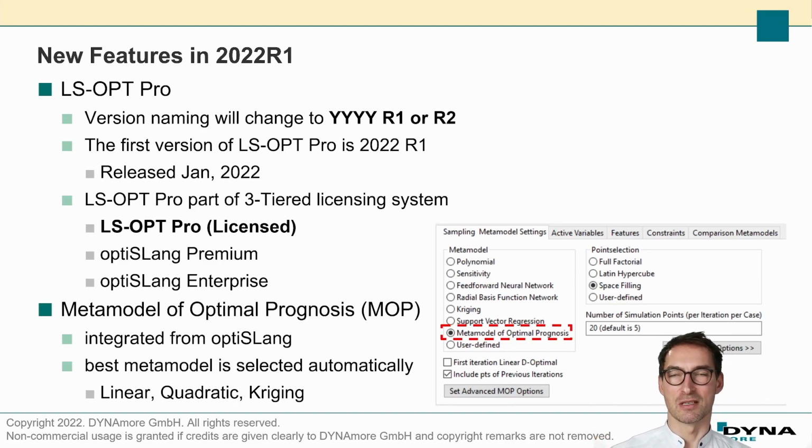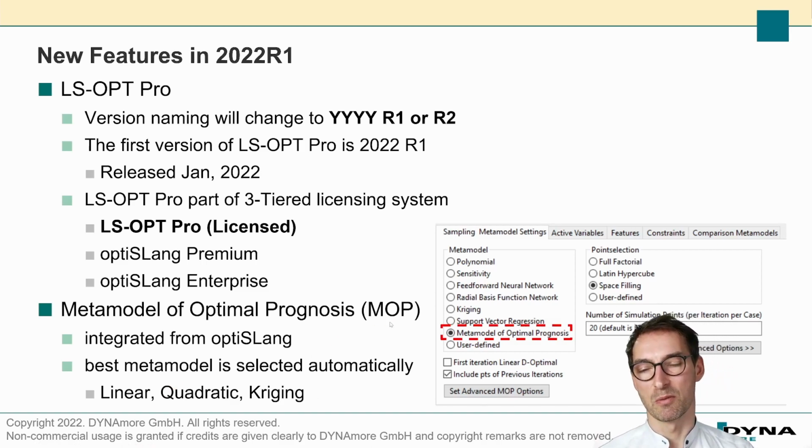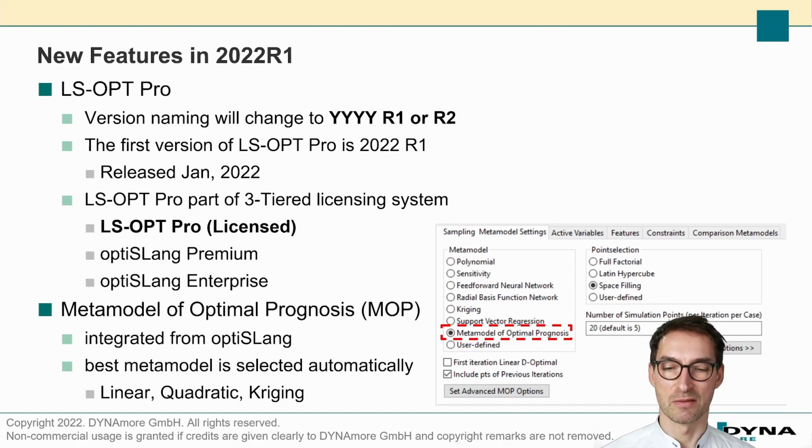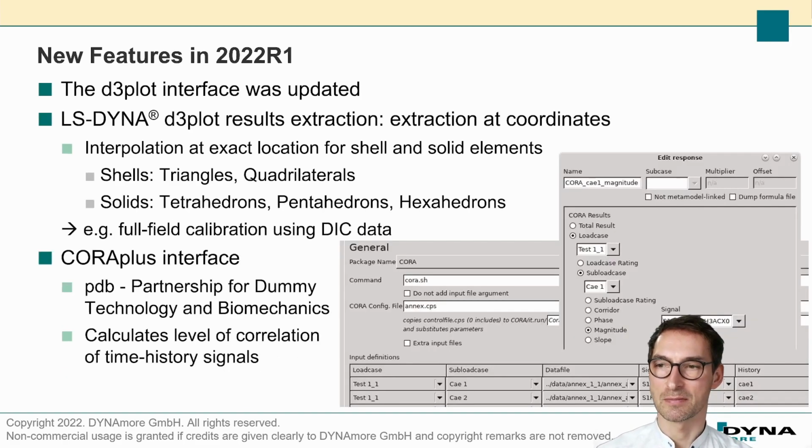What is good for this application and what is good for that one? This Metamodel of Optimal Prognosis, MOP, tries to take it away from you. LS-OPT will design on its own the optimal one for your specific optimization. Right now we have linear, quadratic, and kriging, and I think soon feed-forward neural network will also be implemented, and then LS-OPT chooses on its own. So it makes your life as a user easier.